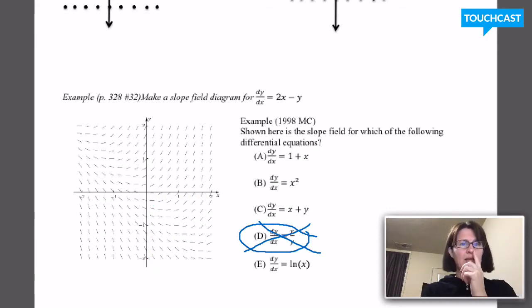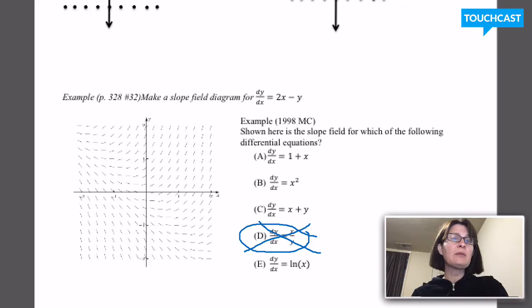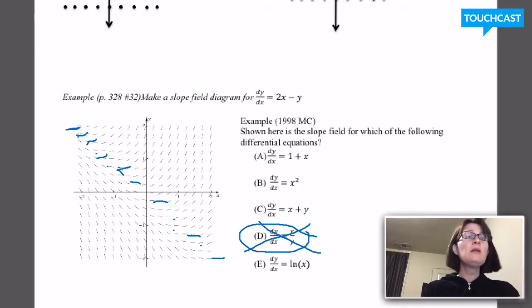Here's another thing that I like to do. For me, it's easy to spot, easy compared to some of the other options, where there are horizontal line segments. So I see that there's something going on here, and I have a little tiny horizontal line segment sort of along this line. Horizontal line segment to me means slope is 0.